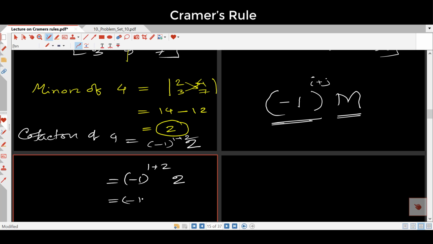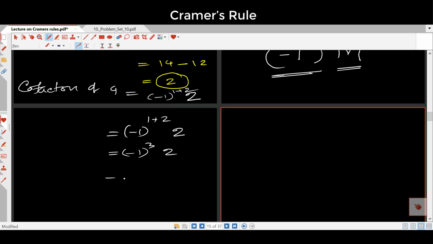So we get (-1) power 3 times 2. You know that (-1) power 3 is actually -1, times 2, so you are getting -2. Now you are sure that before 2 we have minus.